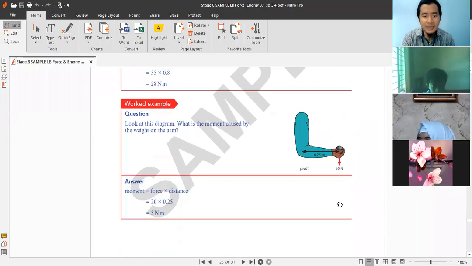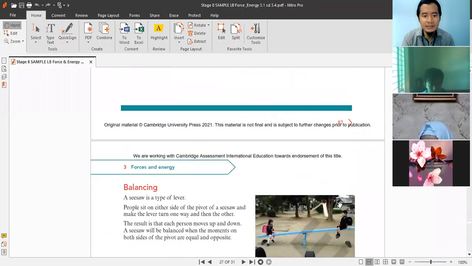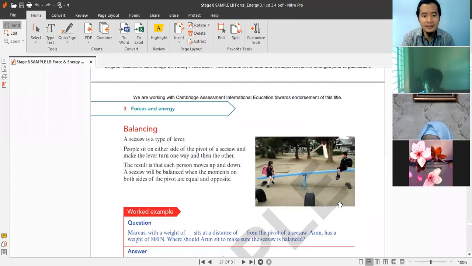Okay, we continue with our lesson, and I share my materials again. Now we go to the next topic, balancing. Before we answer the questions, I need Mas Hamam to read the materials about balancing here. Mas Hamam, please help me to read. Balancing.